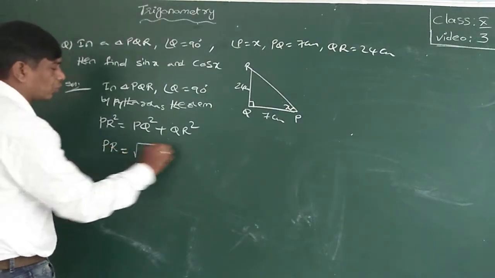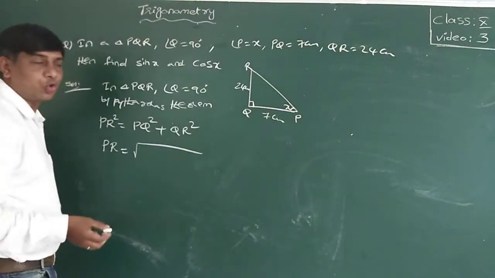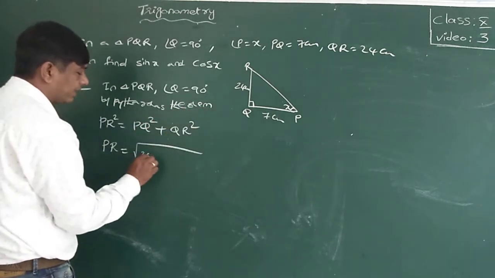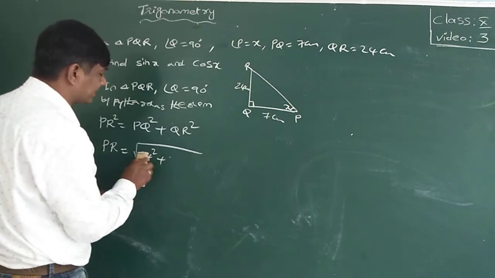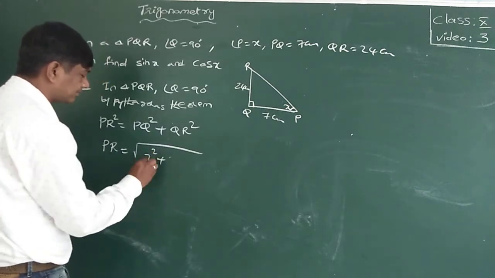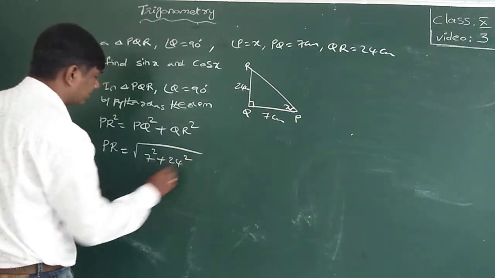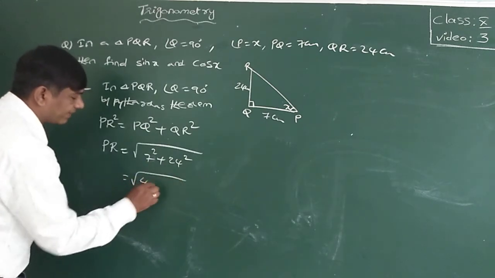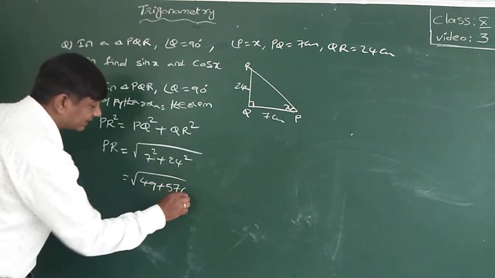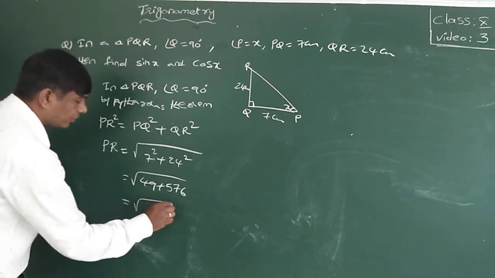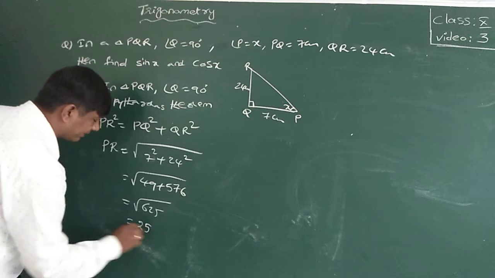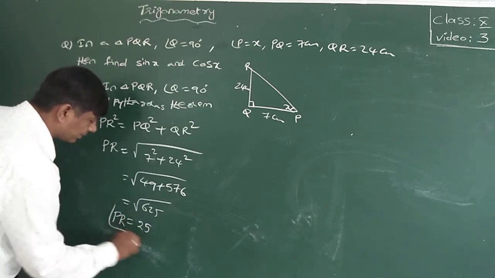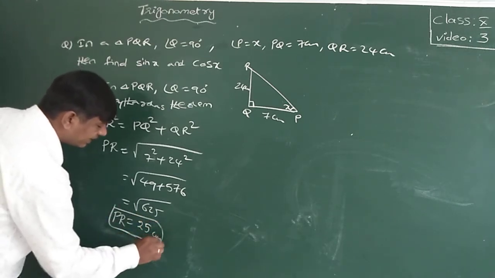PR is equal to root of 7 square plus 24 square, that is root of 49 plus 576, root 625, that is equal to 25. PR is equal to 25 centimeters.